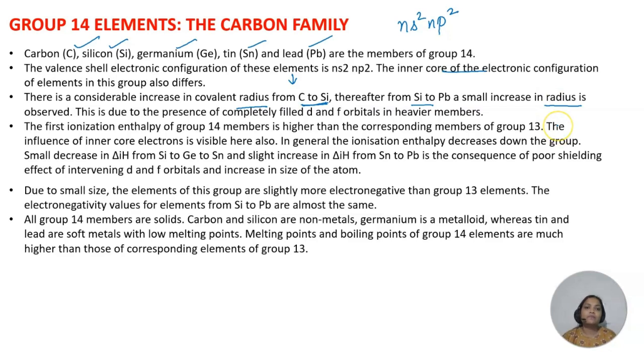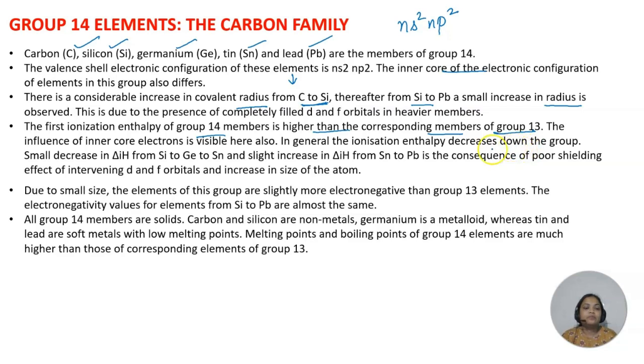First ionization enthalpy of group 14 members is higher than that of group 13. When we move left to right, ionization enthalpy will increase. So the influence of inner core electrons we can also see, and down the group generally ionization enthalpy decreases.